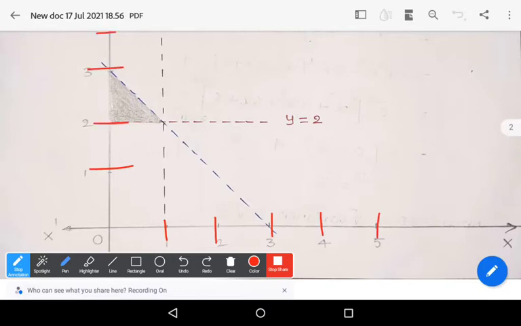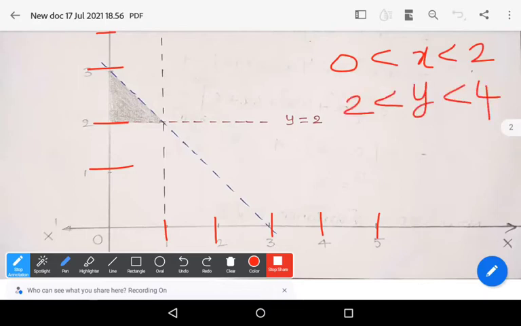Remember that the value of x lies between 0 and 2, and the value of y lies between 2 and 4. I am drawing the common area, and we are going to find x + y < 3.